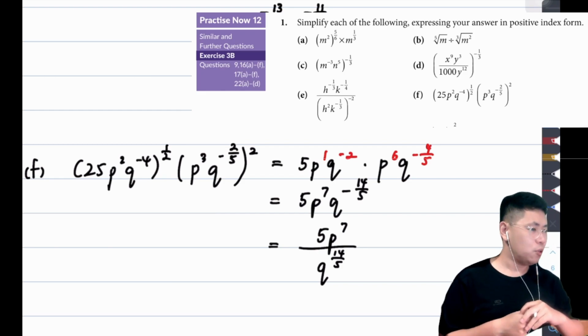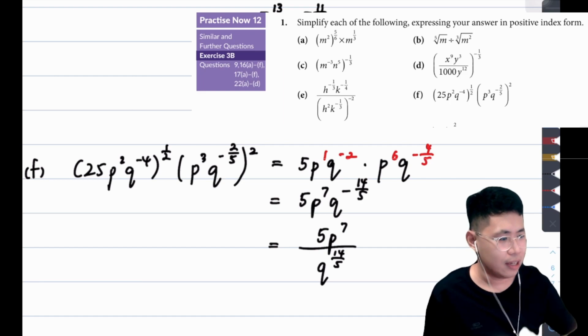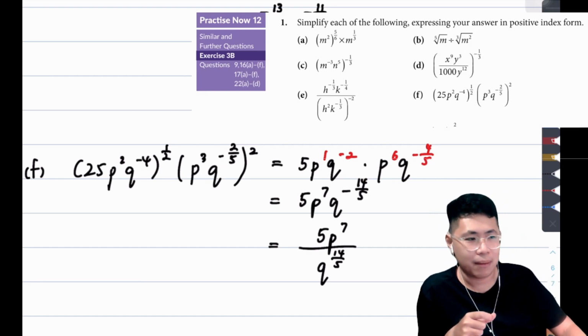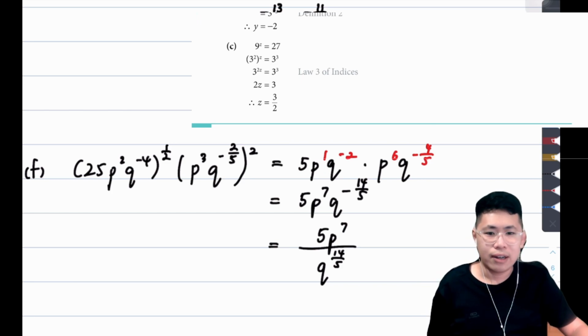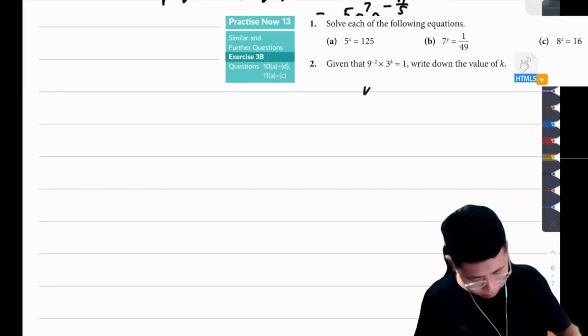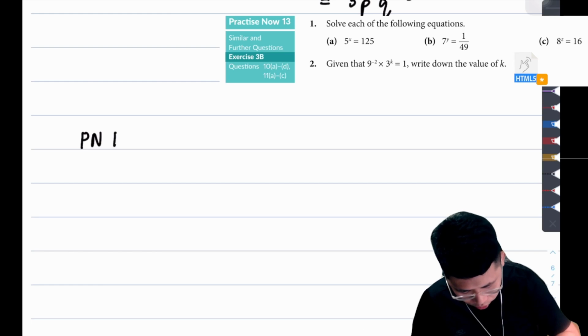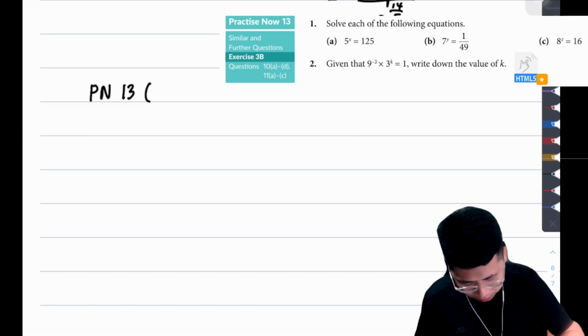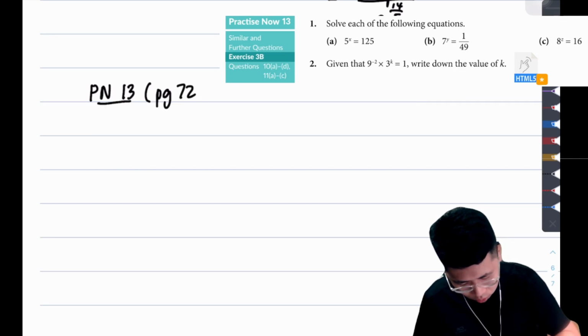Okay, let us push a bit further to check on equations involving indices, and let's take a look at how to solve them. Alright, let us go on to the next part. We have our practice now 13, page 72.